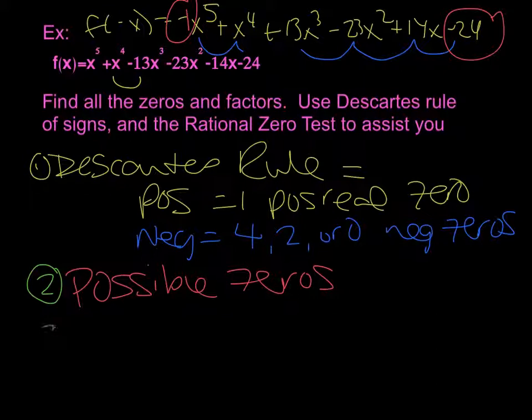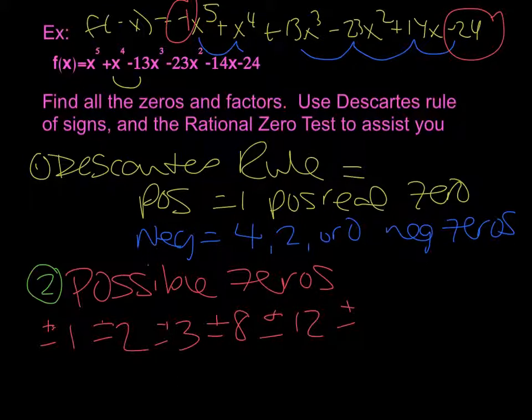So really I just have plus and minus 1, plus and minus 2, plus and minus 3, plus or minus 4, plus or minus 6, plus or minus 8, plus or minus 12, plus or minus 24. Okay, so let me add a screen and we'll do it on the next screen. We're just going to try all the possibilities in synthetic division and get it down as low as we can go.